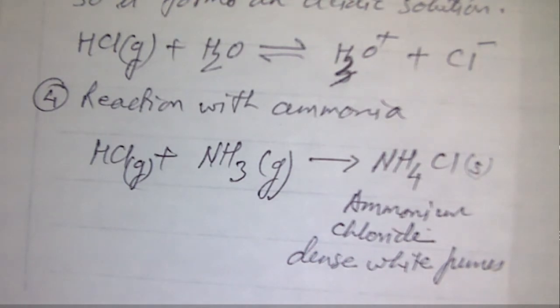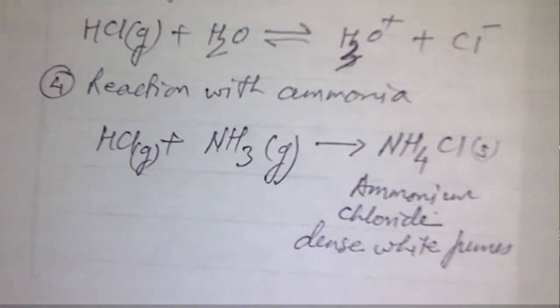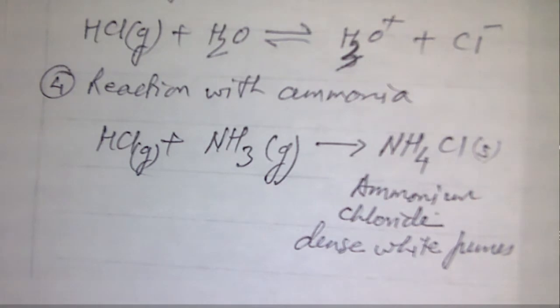Why is the fume formed? Because ammonium chloride is a solid. It is produced by combination of two gases. So hydrogen chloride combines with ammonia to form ammonium chloride, and that ammonium chloride gives a dense white fume, isn't it?